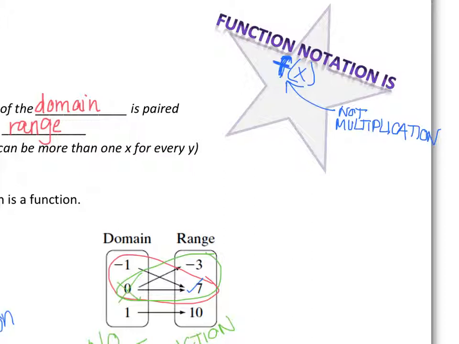It is not multiplication. The way you read it is f of x. If the variable we're using is a y or let's say an a, then we'd say f of a. But it's not multiplication. It's just a name.